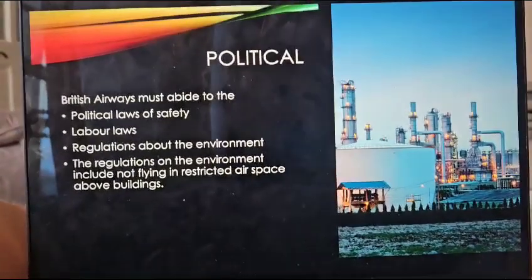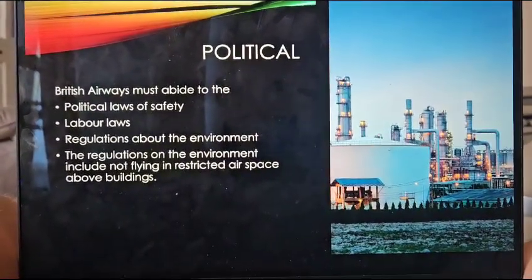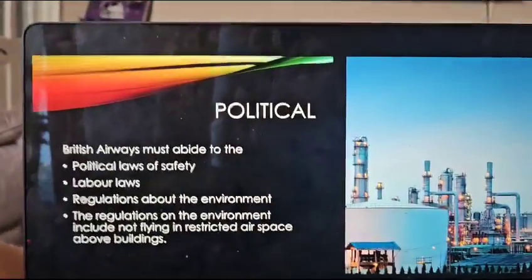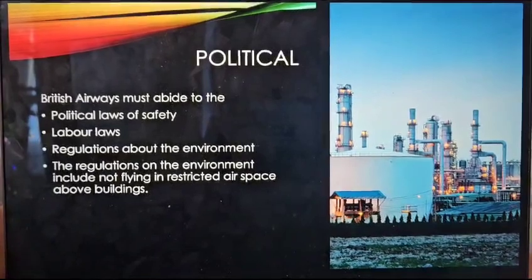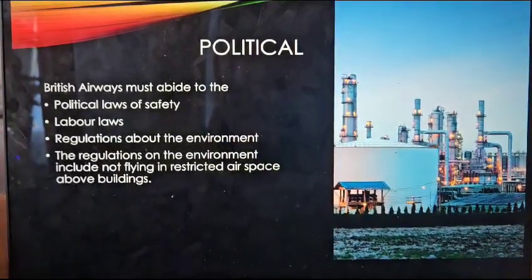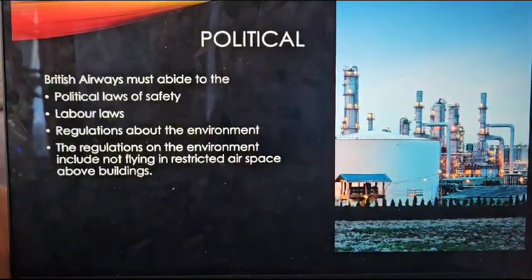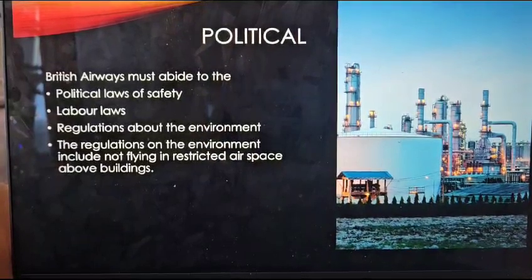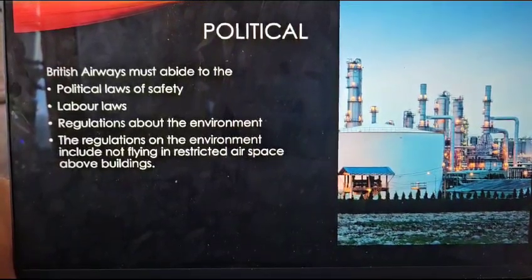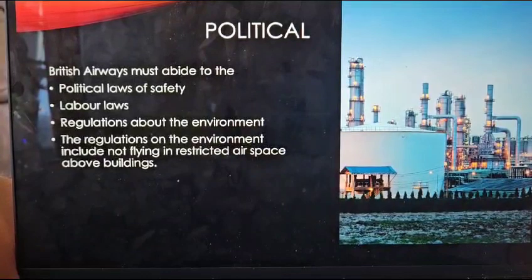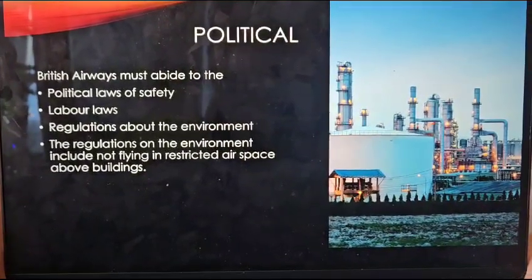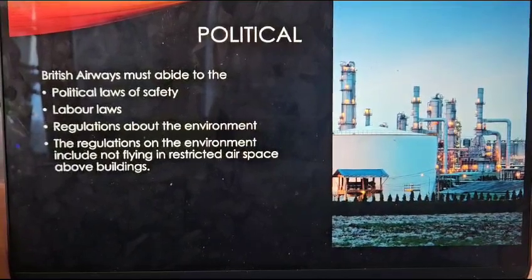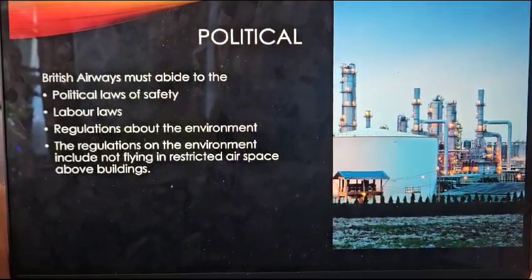The regulations on the environment include not flying in restricted airspace above buildings. The restricted airspace above buildings is a couple of miles above the top of the building that the building's owner will own. For instance, the Empire State Building does not allow planes to fly above their building because it could ruin the views of the building.